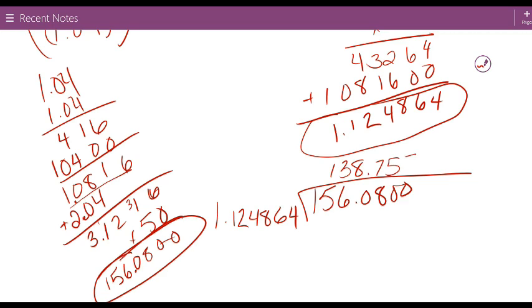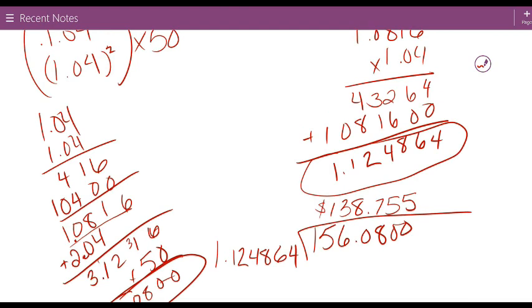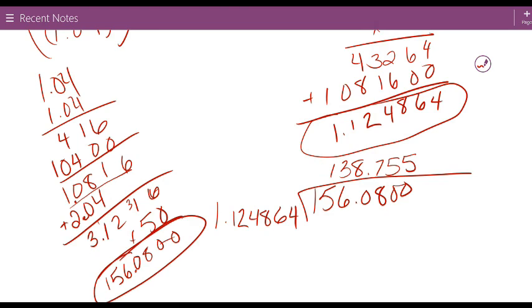You can do the long division to get there. So by paying this at the moment, it's 138, or I'm sorry, not dollars, pounds.